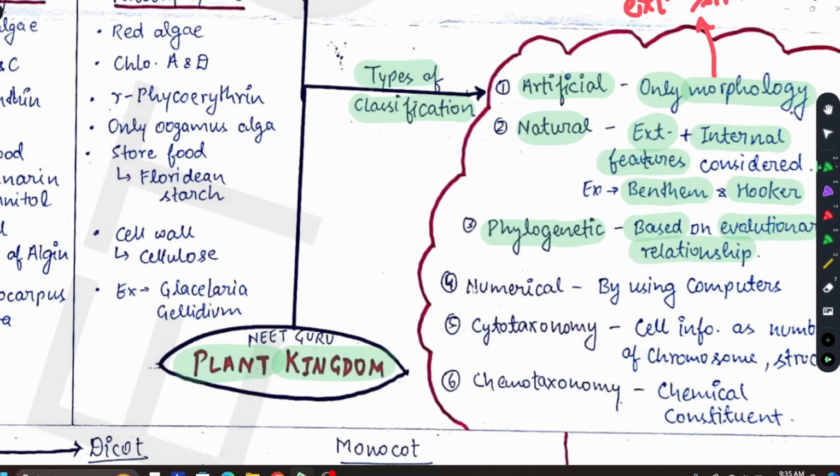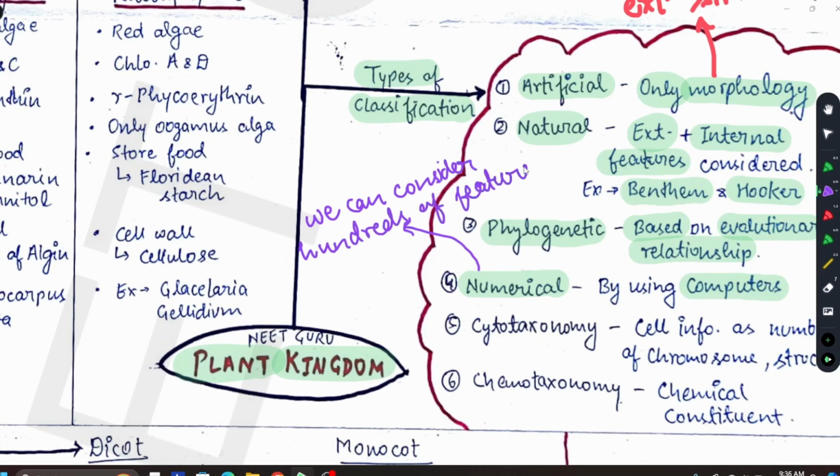Fourth is numerical system of classification. This is done by using computers, and the advantage of numerical classification, you have to write this here, is that we can consider hundreds of features at a time.